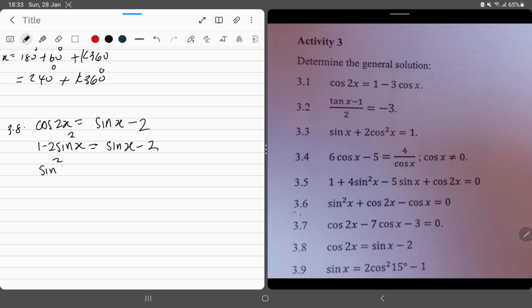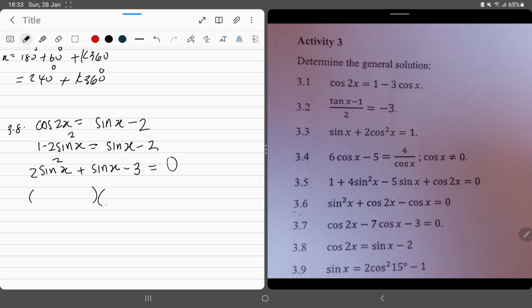So 2 sine squared of x plus sine of x minus 3 equals 0.